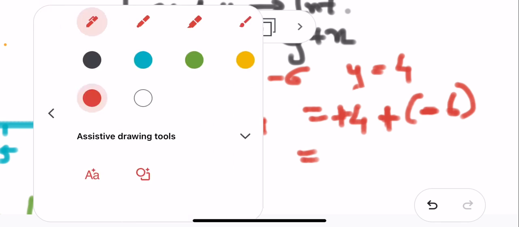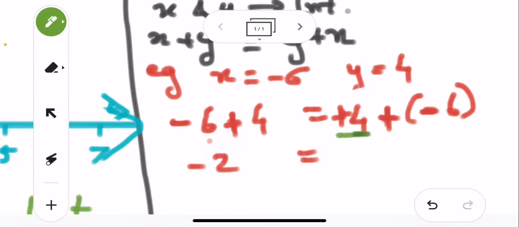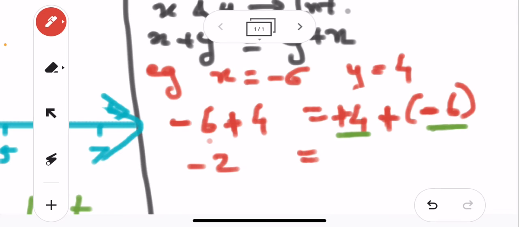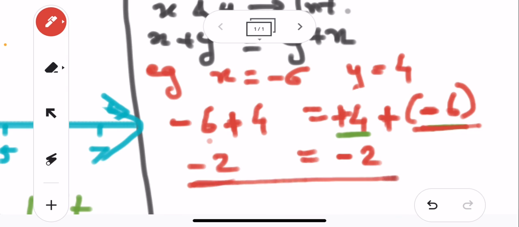So if you see the sign of this and the sign of this, they are different signs, so we will do subtraction and put the sign of the greater number. So 6 minus 4 is 2, and the sign of the greater number is minus. So minus 2 is equal to minus 2. So this is the commutative property.